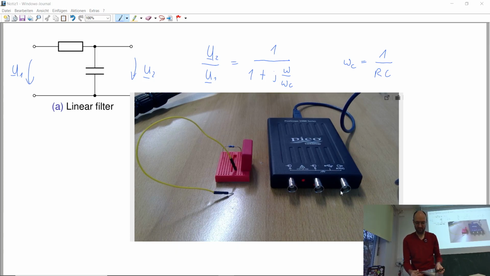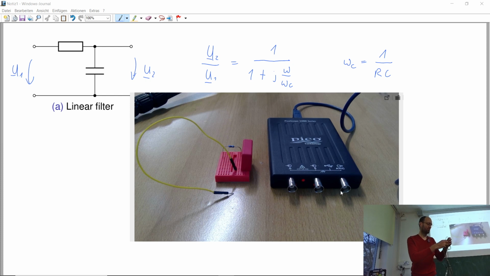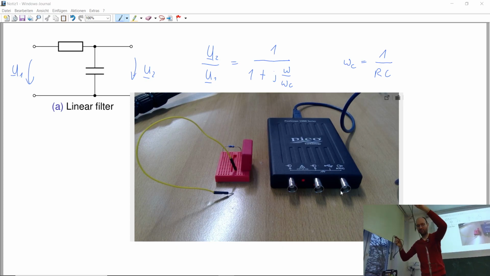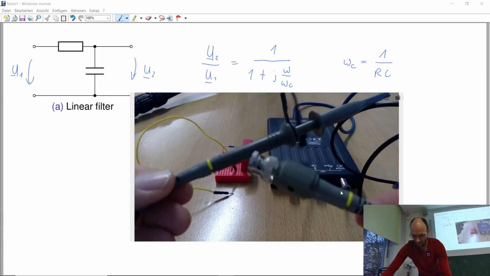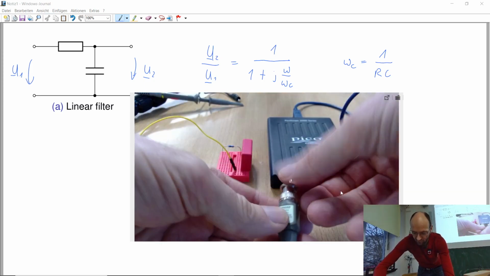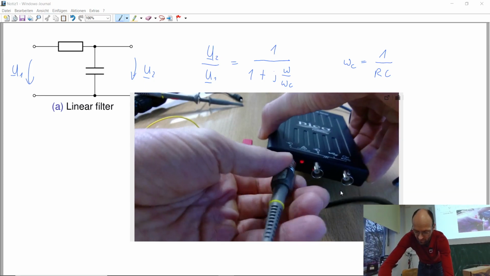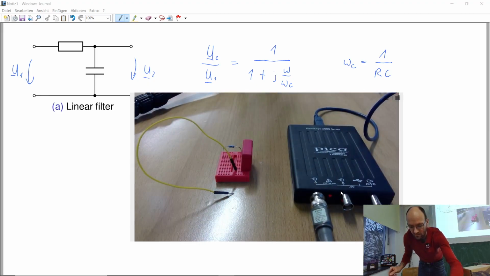And then I need two probe cables to be able to measure the input and the output voltage. And it's always a bit tricky with these cables. There are two cables, and there is one that has a yellow marking at both sides. This is the cable that I will use for measuring the input voltage with channel A of this scope.